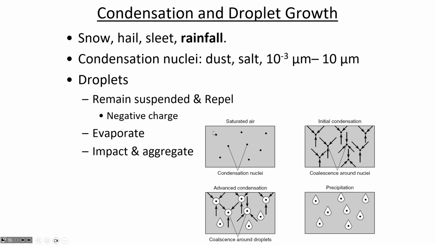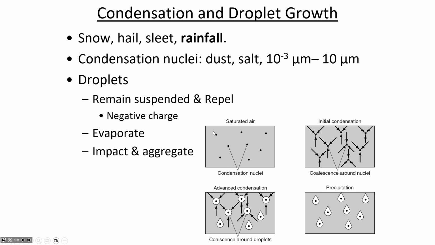The dust particles that are in the air start off as negatively charged. And this is similar to water treatment, where if you've taken environmental engineering already, you maybe remember how colloidal particles have to be destabilized with coagulants. And the coagulants suppress the negative charge that's on the outside of a clay particle in water. And the same thing is true with dust and salt droplets that are up in the air.